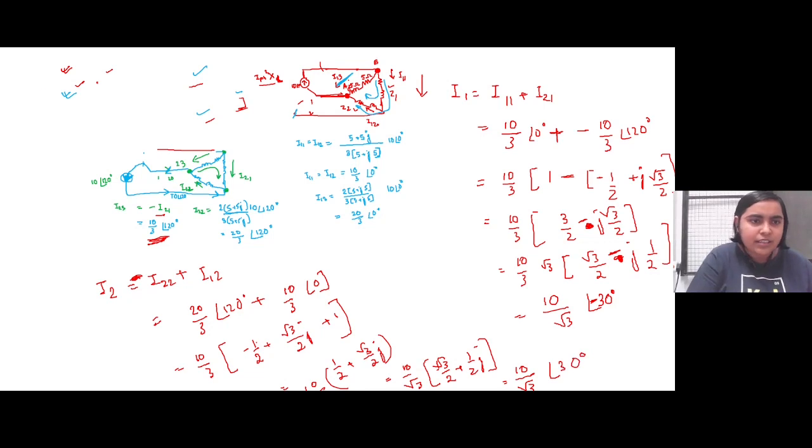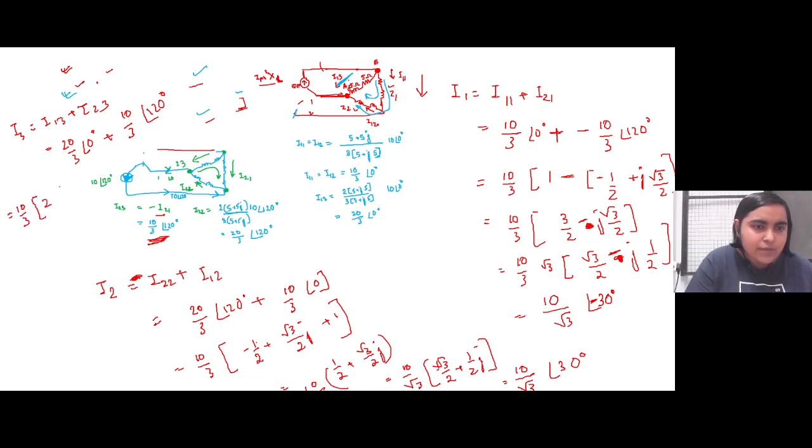Then for I3 you can calculate. I3 will be I13 plus I23. So I13 is 20 by 3 angle 0, and I23 here is 10 by 3 angle 120 degree. So you can again take 10 by 3 common. 2 times angle 0, cos 0 is 1, sin 0 is 0, so it is just 2.